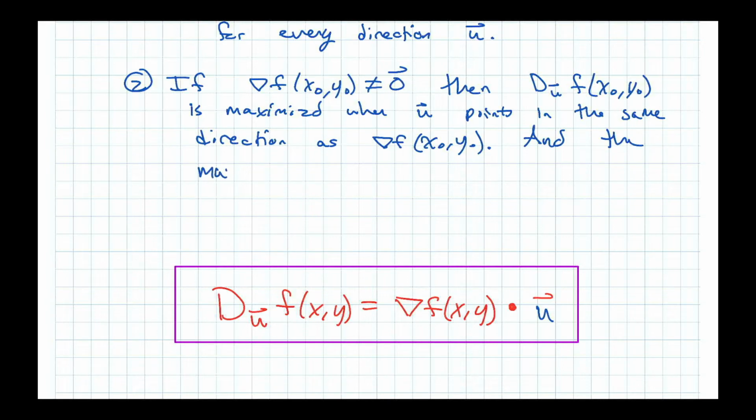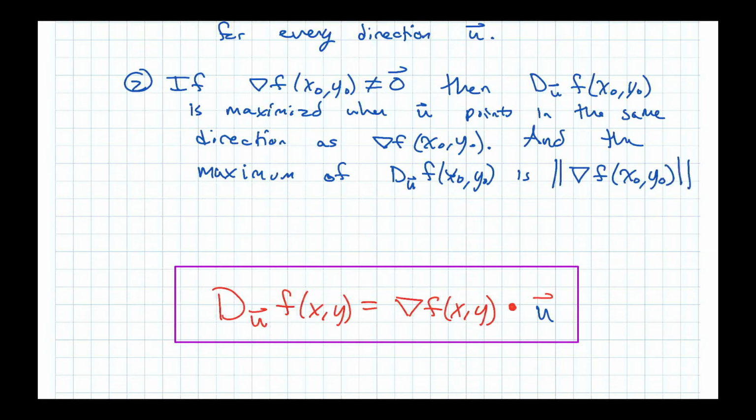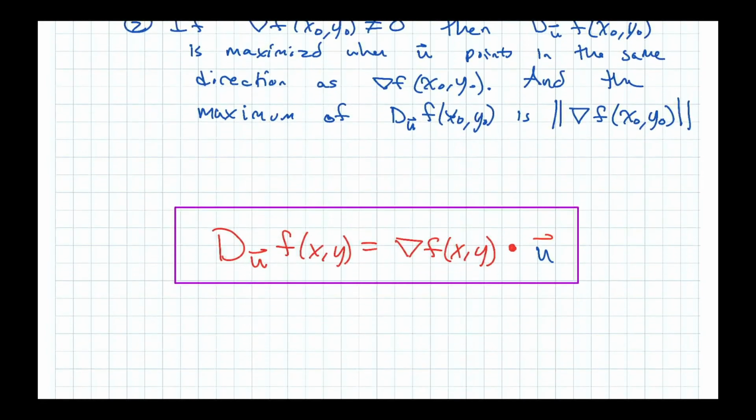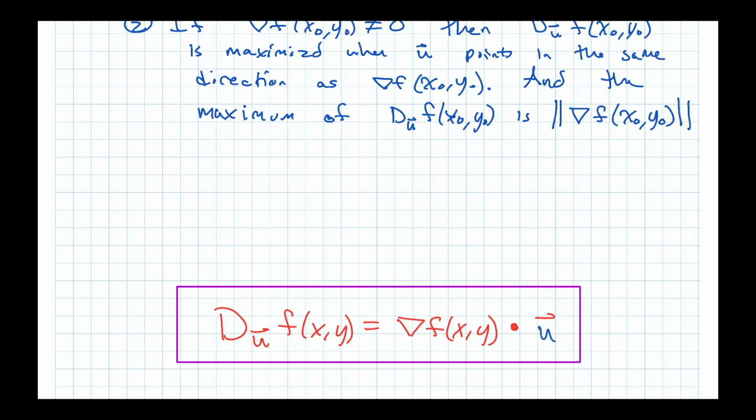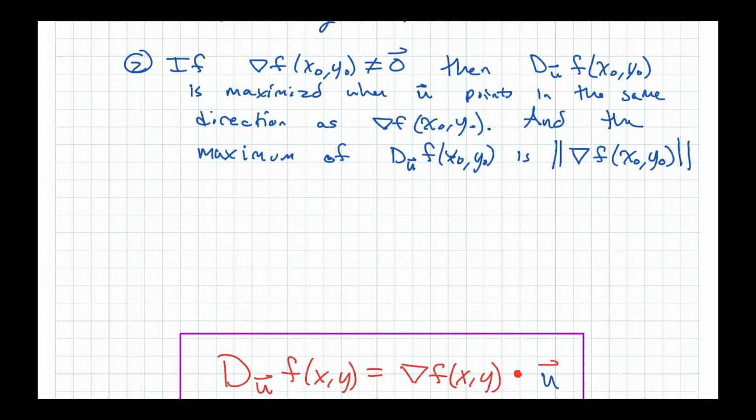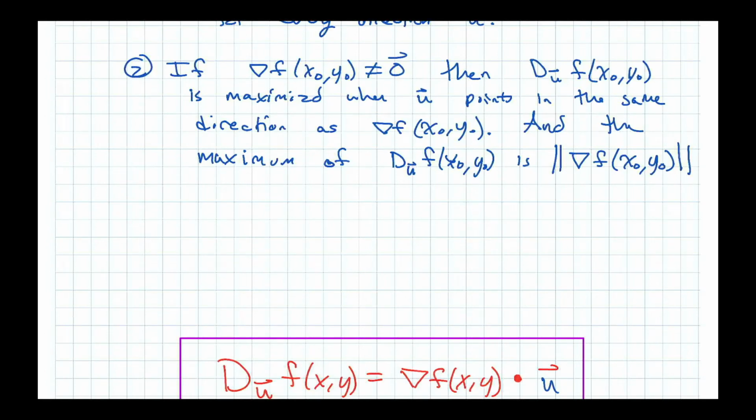The max value of the directional derivative in the direction of u of f evaluated at x0, y0 is the magnitude of the gradient evaluated at x0, y0. Now, that's hard to understand, just because there are so many words there. But basically, what they're saying is this.